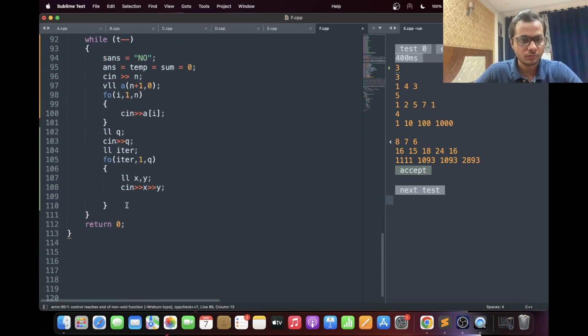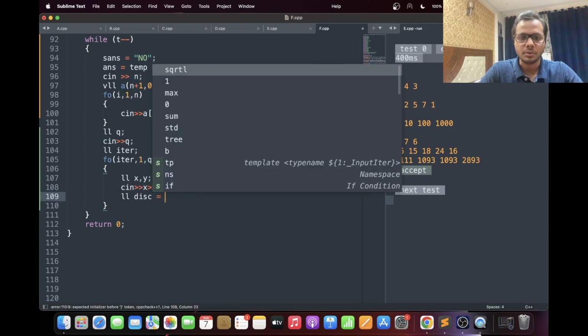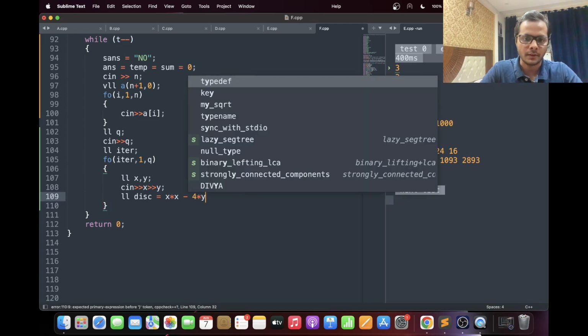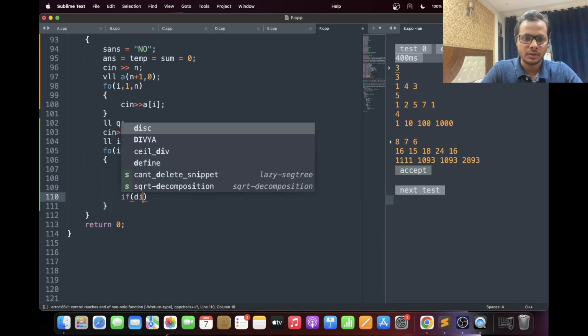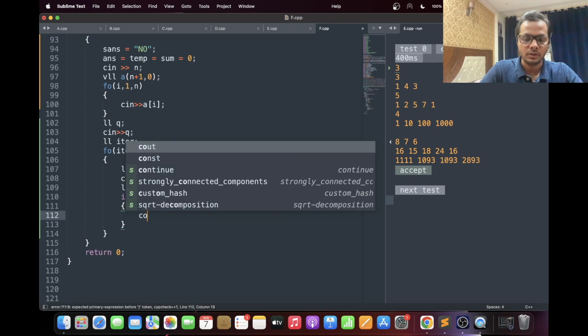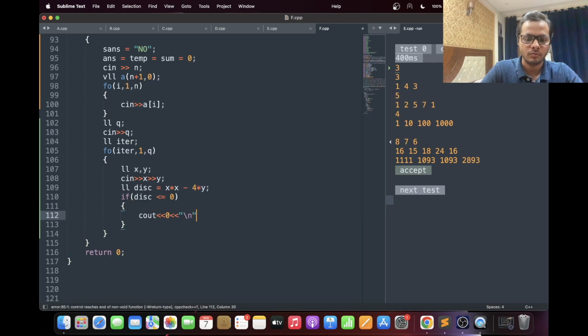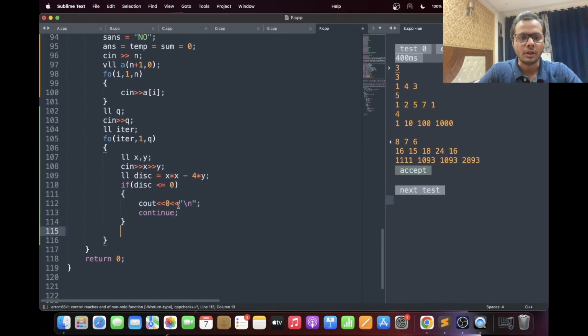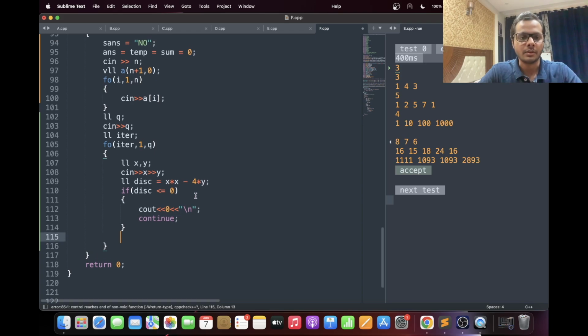Cool. So then what we'll do is, discriminant is equal to x square minus 4 into y. If this discriminant is less than or equal to 0, we'll just output 0 and continue. Now we need to check whether the discriminant is a perfect square or not.